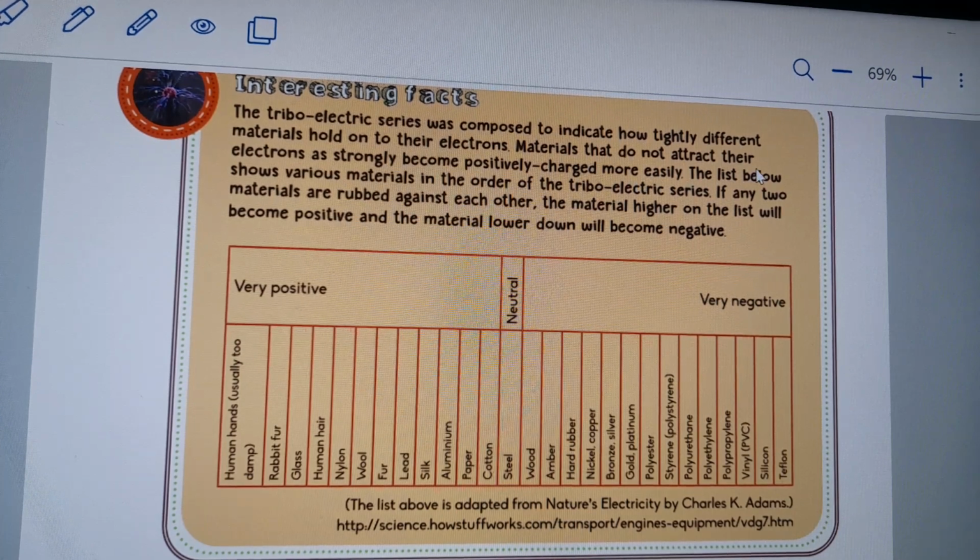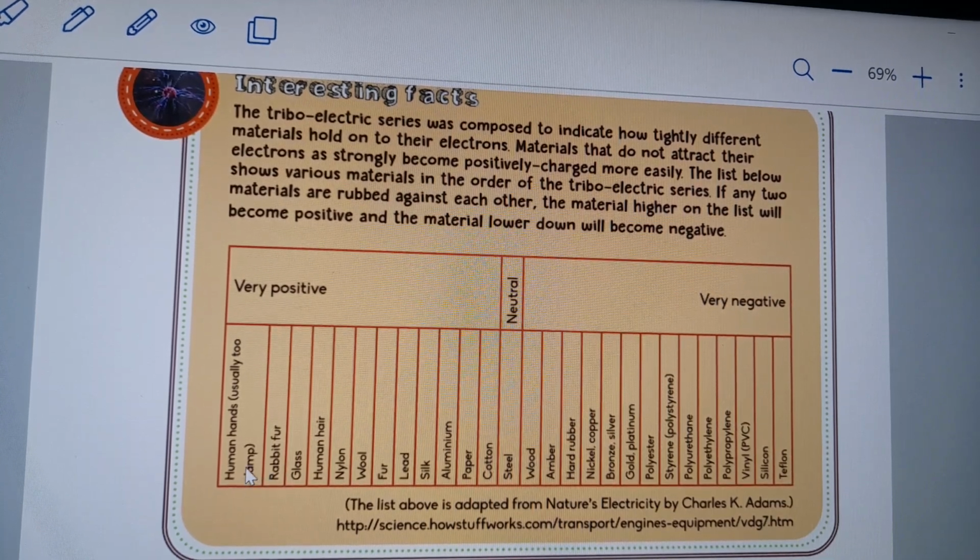Materials that do not attract their electrons as strongly become positively charged more easily. The list below shows various materials in the order of the triboelectric series. If any two materials are rubbed against each other, the material higher on the list will become positive, and the material lower down will become negative.